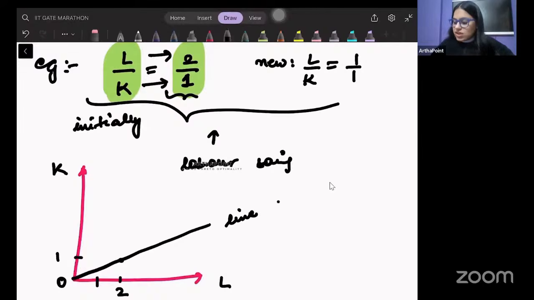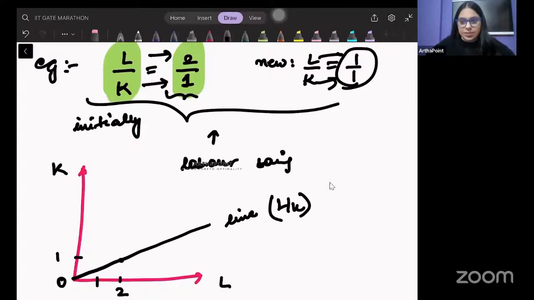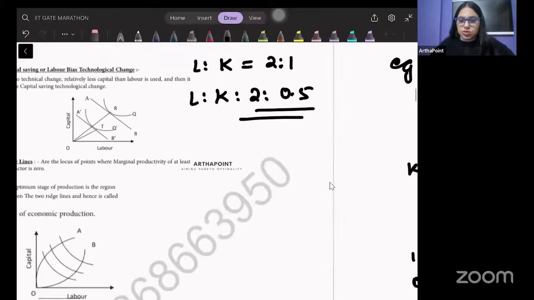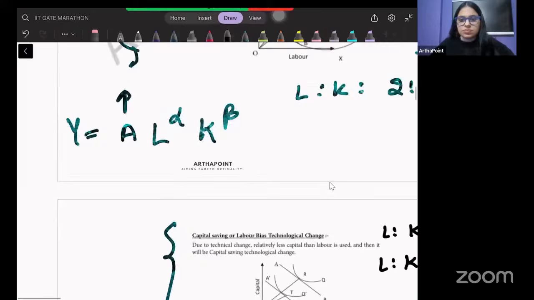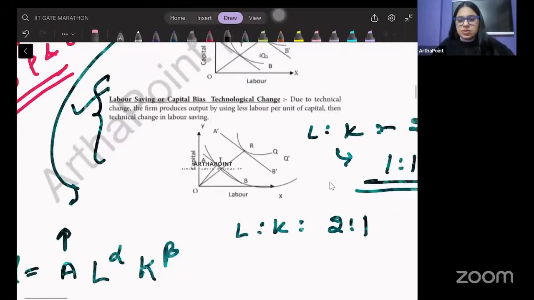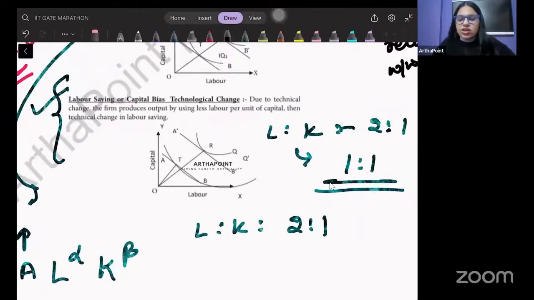L is to K was represented with this line. Now it says 1 labor with 1 capital. So my new line becomes this. It becomes steeper, right? This is what this is showing. Your initial line is comparatively flatter, and the new line is steeper.